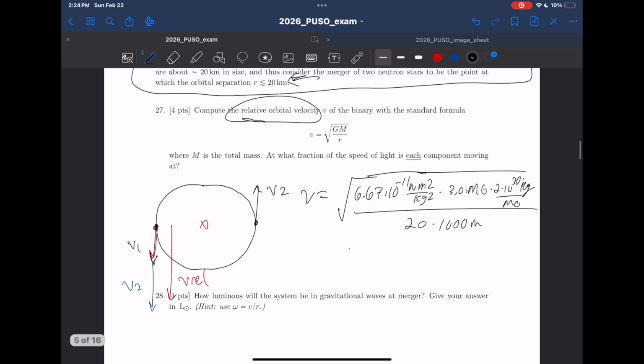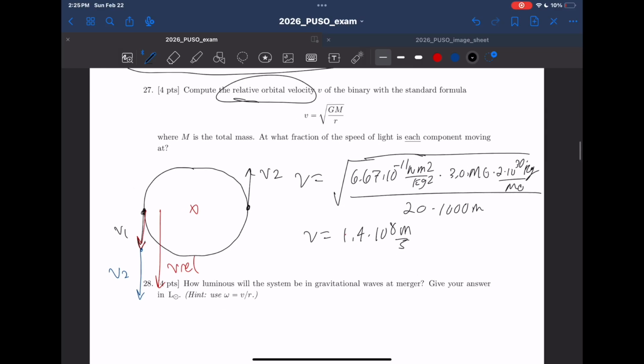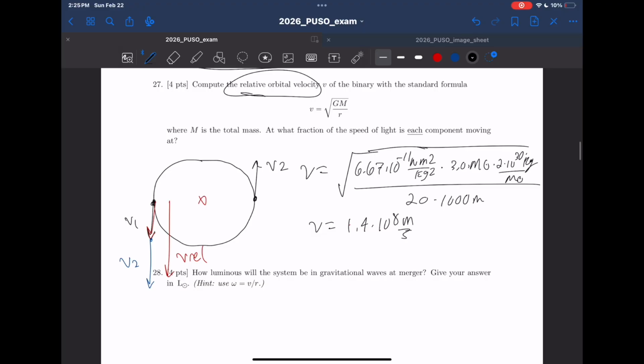So this is going to be the total velocity, and if you plug this in, you'll get that v is equal to 1.4 times 10 to the 8th meters a second, which means that the velocity of an individual pulsar here is going to be like 7 times 10 to the 7th meters a second.